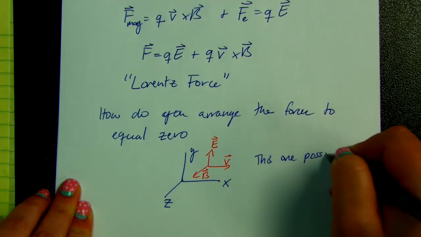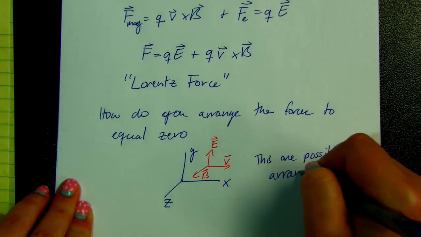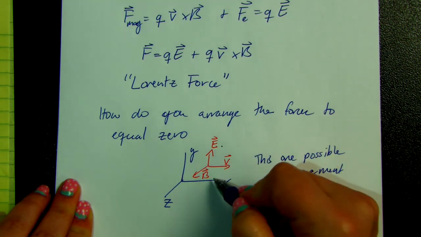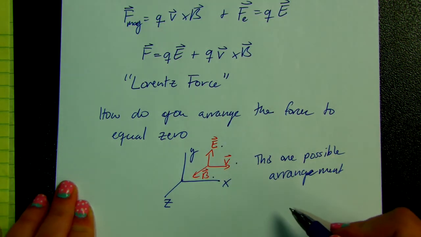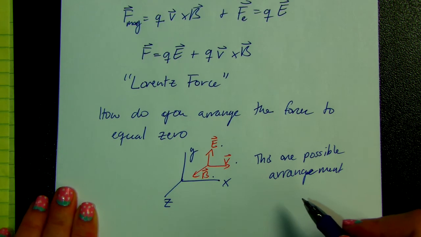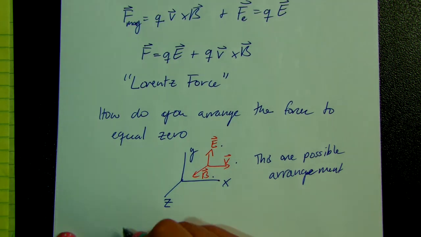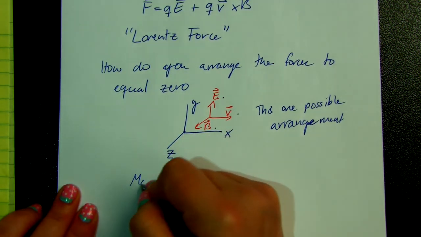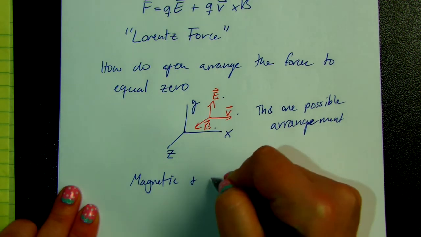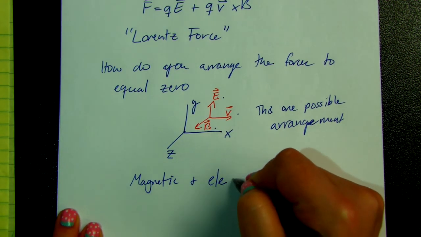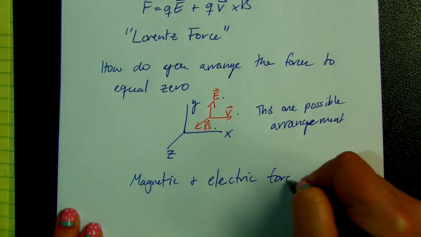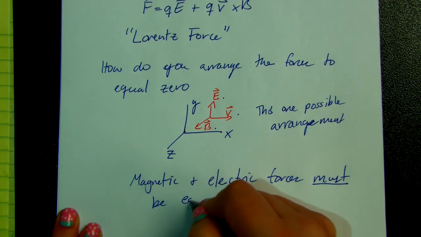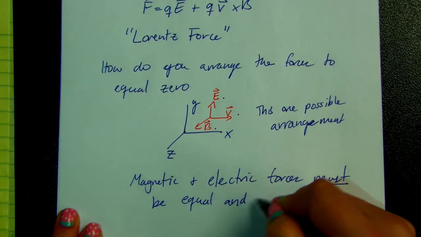Now notice, all three factors, the electric field, the magnetic field, and the velocity, needed to be arranged in a particular way. And so essentially, for the 0 situation, the magnetic and electric forces must be equal and opposite.